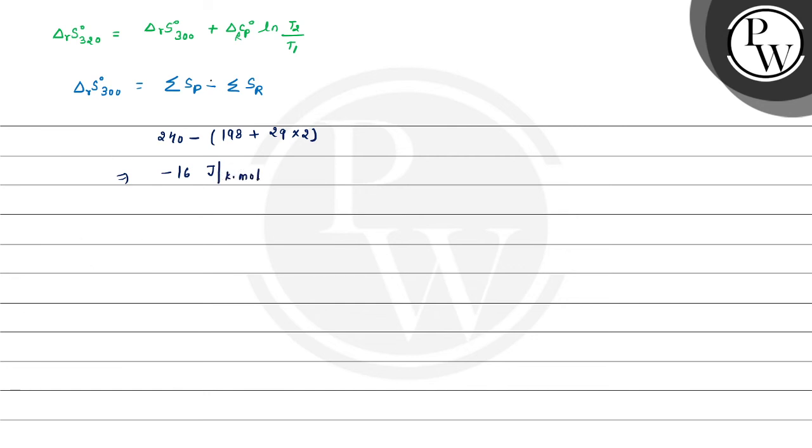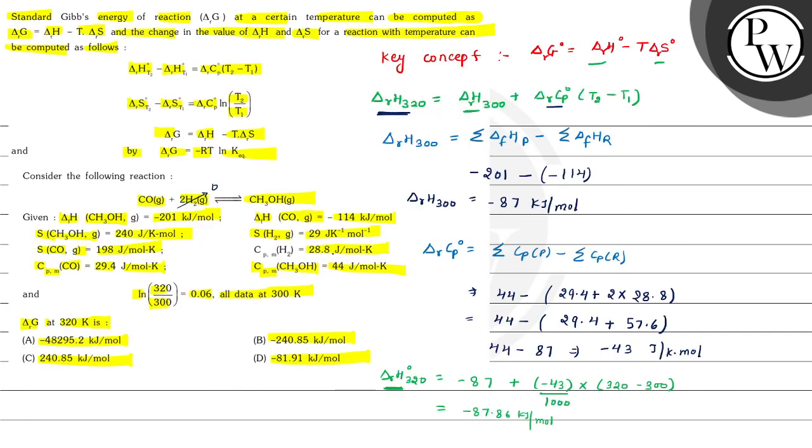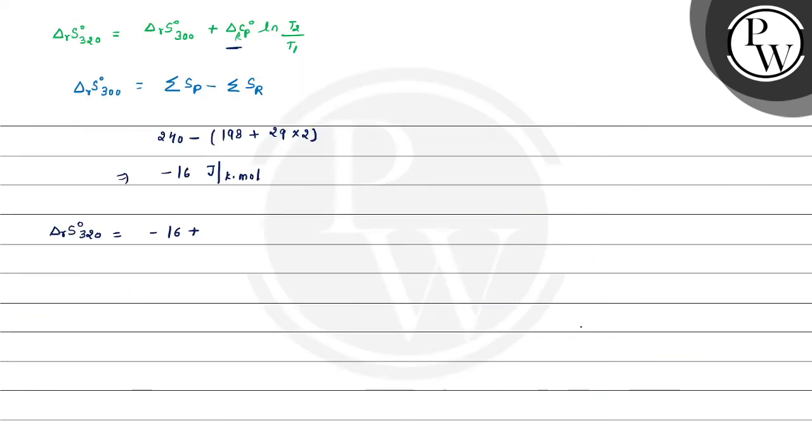Now we have this value we already calculated. Now we can calculate the entropy of reaction at 320 Kelvin. It equals minus 16 plus the value of Cp, which is minus 43, multiplied by ln T2 is 320 divided by T1 is 300.